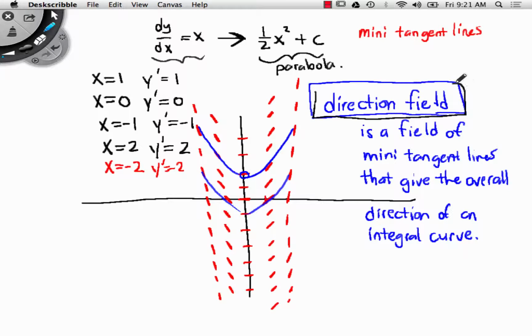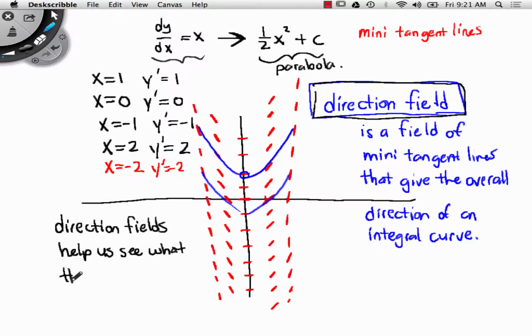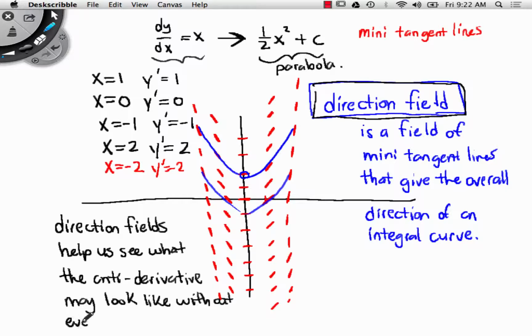So what are direction fields useful for? Direction fields help us see what the antiderivative may look like without even calculating the antiderivative itself.